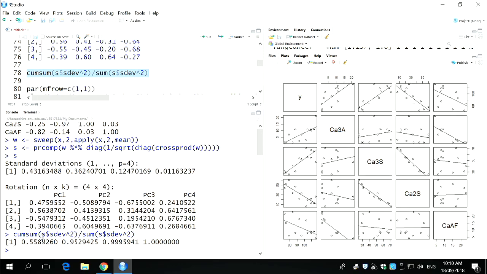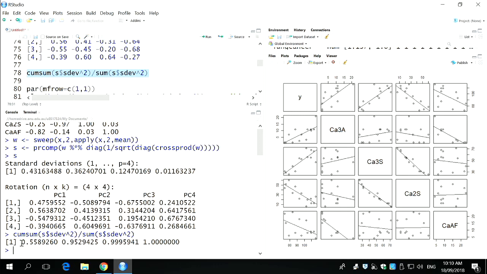Now I'm going to run you through the R code because it's a little bit new. I'm taking the squares of these standard deviations, turning them into variances, and then taking a running total of them as I go from 1 to 2 to 3 to 4, and dividing that by the actual total. So I'm creating percentages, running percentages.